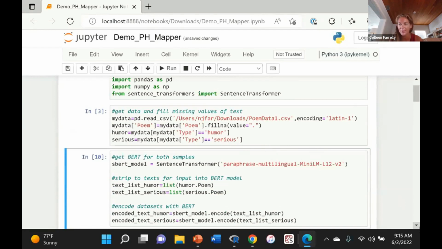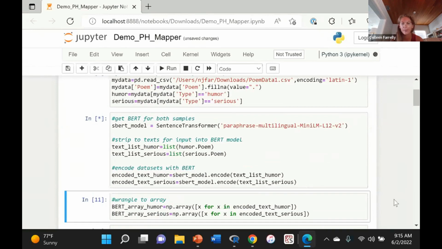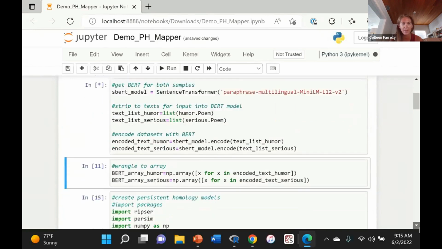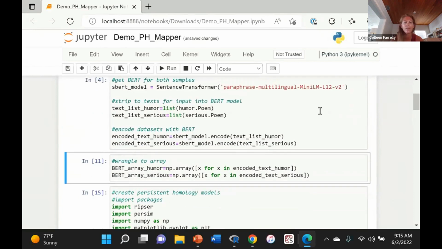So that seems to have loaded, and now we'll apply our sentence transformer and process this. It'll work pretty well on this. If you have a large sample size, this algorithm doesn't scale very well.